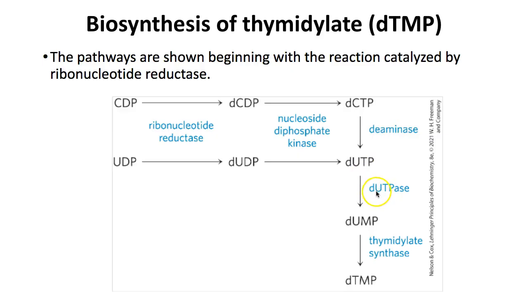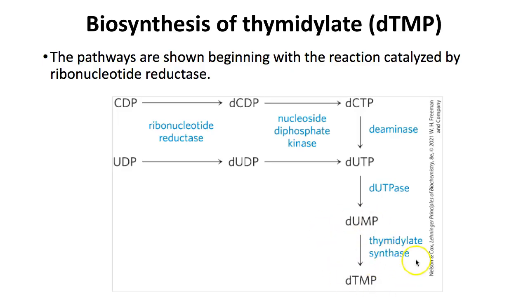And then you have UTPase that ends up taking off the phosphate group, where you have instead of dUTP, dUMP, and then from there finally going into the dTMP, using this enzyme.